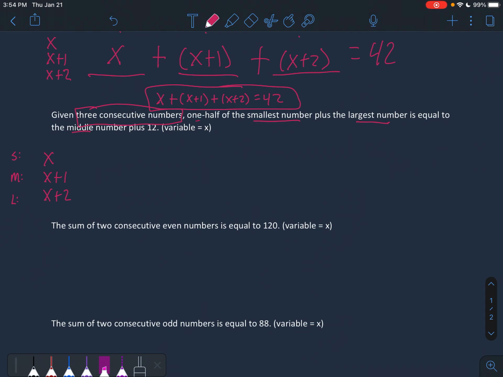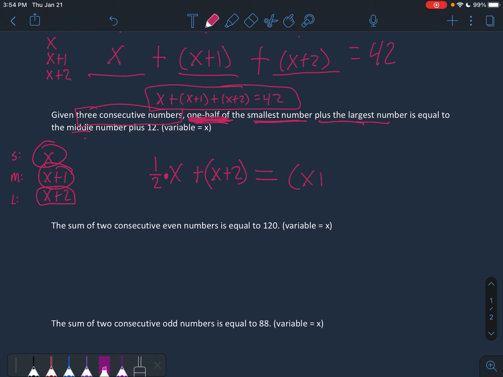Given three consecutive numbers, 1/2 of, remember this week we talked about when we have a fraction and the word of, it means multiplication. 1/2 of the smallest number, and in this case that's x. So 1/2 times x plus the largest number, and the largest number is going to be x plus 2. 1/2 of the smallest plus the largest is equal to the middle number.